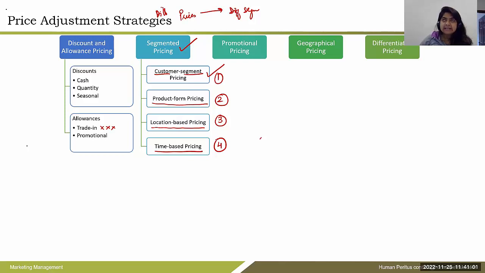So a pizza from Domino's and the same pizza from Domino's in PVR. Location, perfect. You can just add 1, 2, 3, 4. It's good. Okay. Now, museum tickets for 3 year and less.